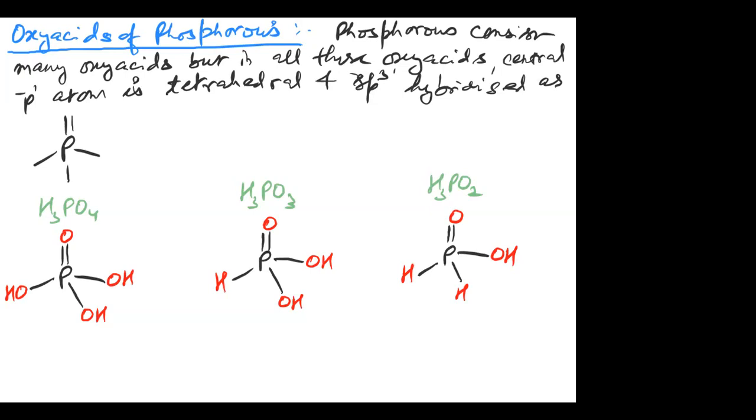If you see any other oxy acids of phosphorus also, for example further oxy acids of phosphorus, the corresponding structures may be H4P2O7 and, let's say, H4P2O6.